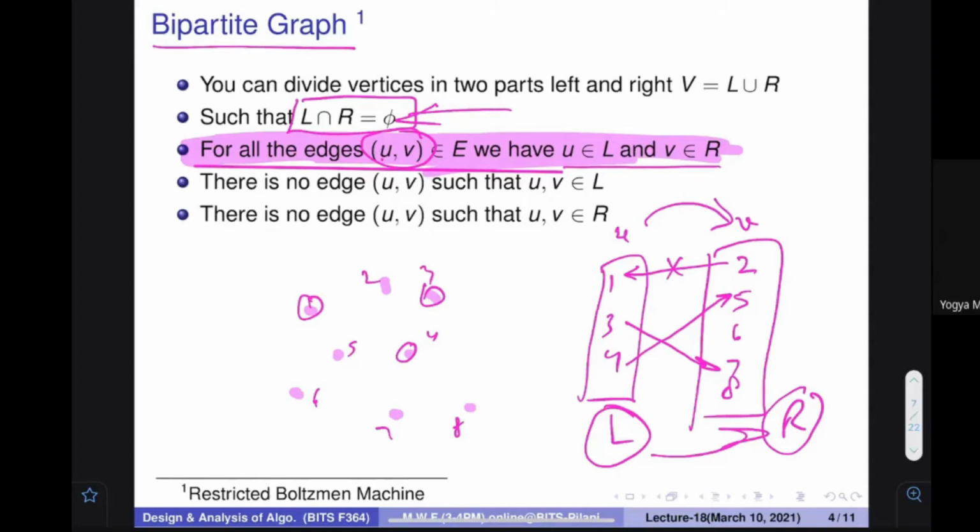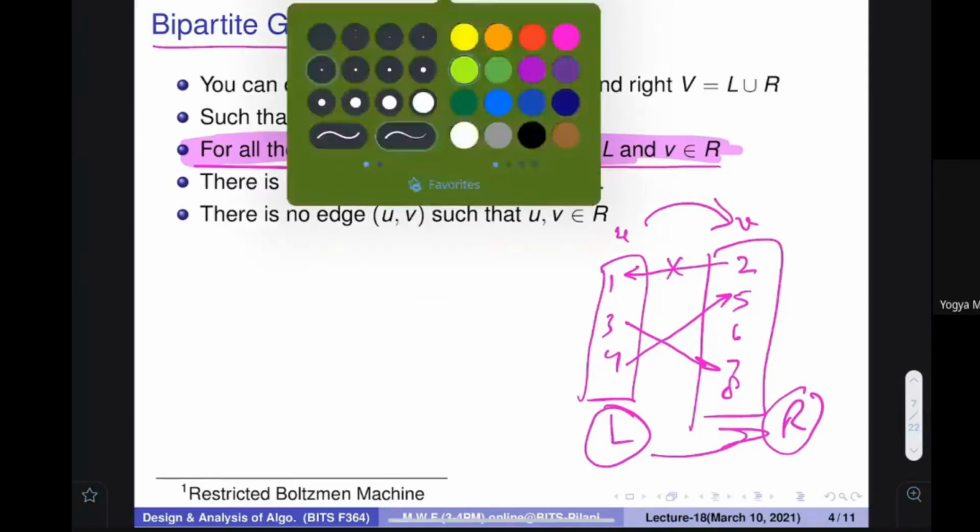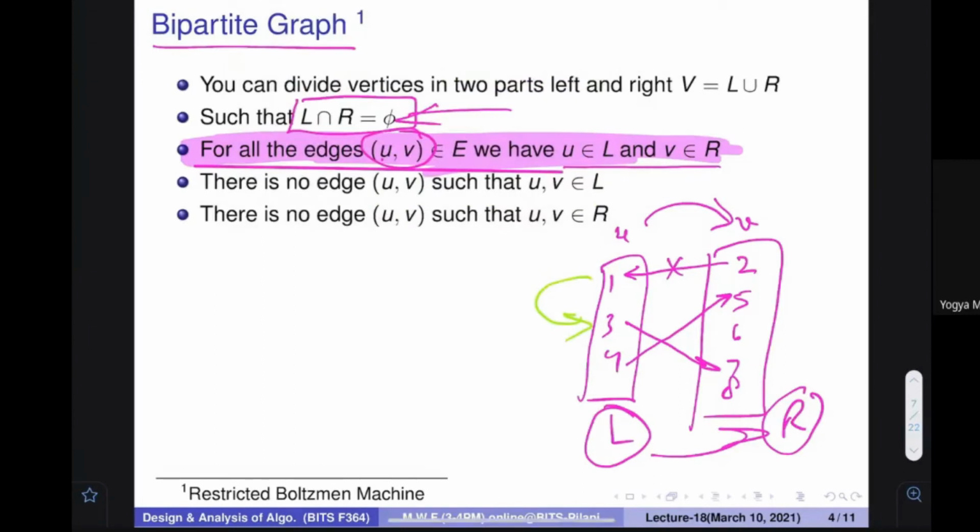Okay, one more very important and interesting condition, that there is no edge in between. For example, because I have constructed these things, it may be possible that there could be some edges from here also, possibility of edges inside here. So those edges are also not permissible.